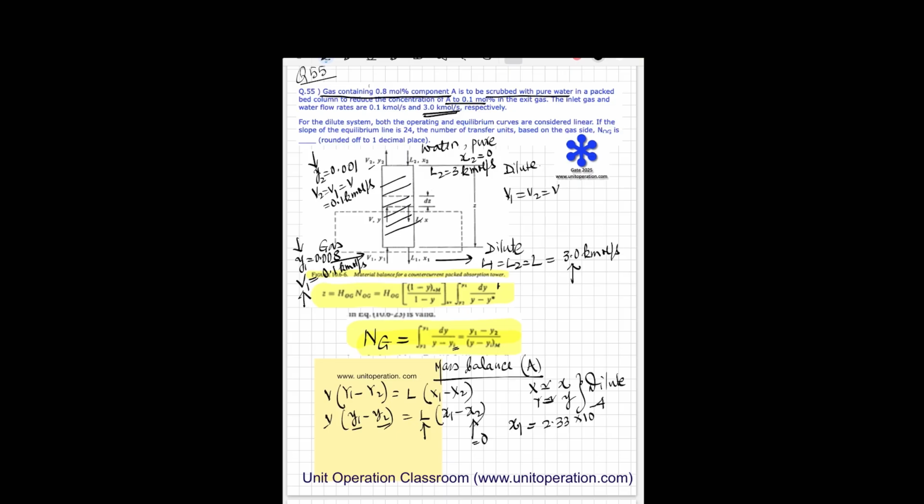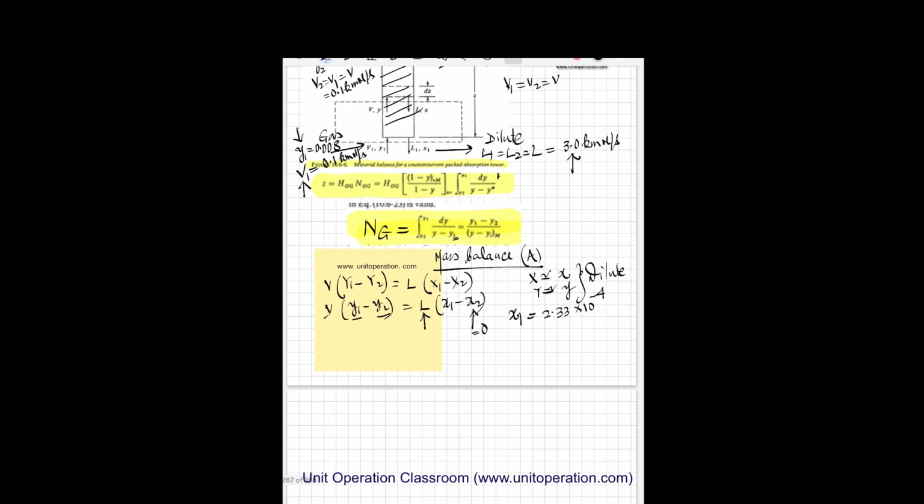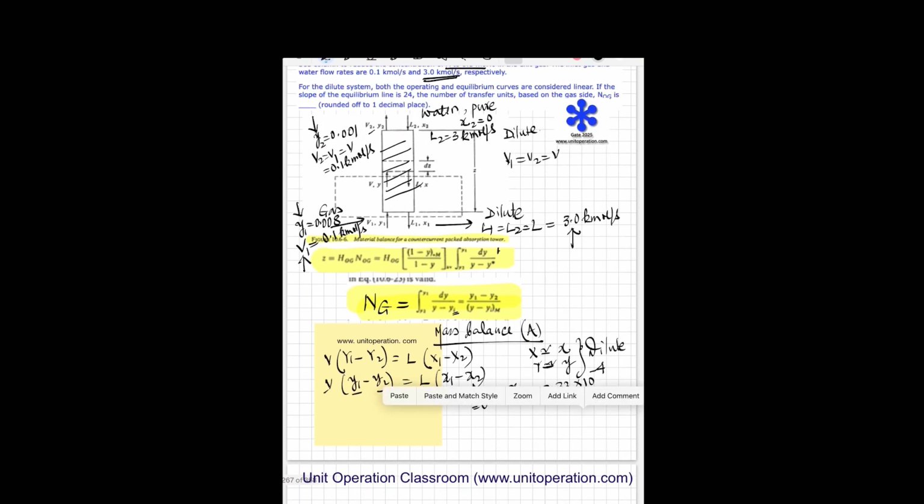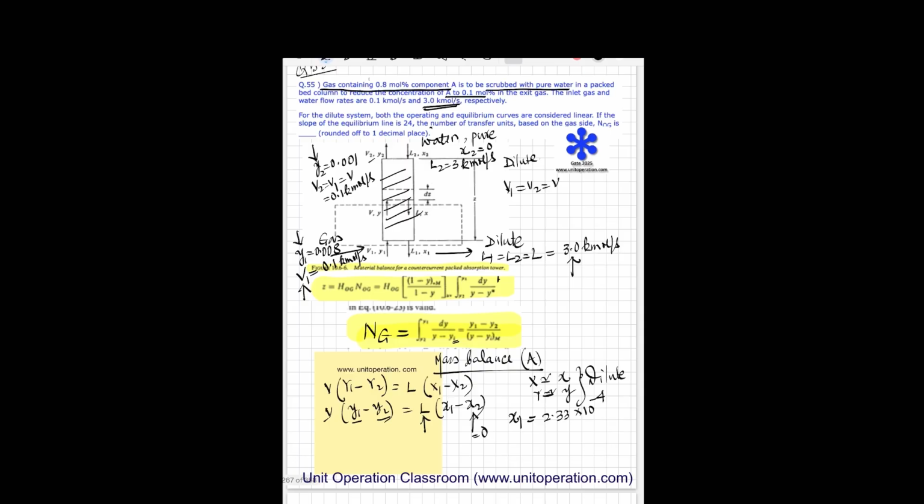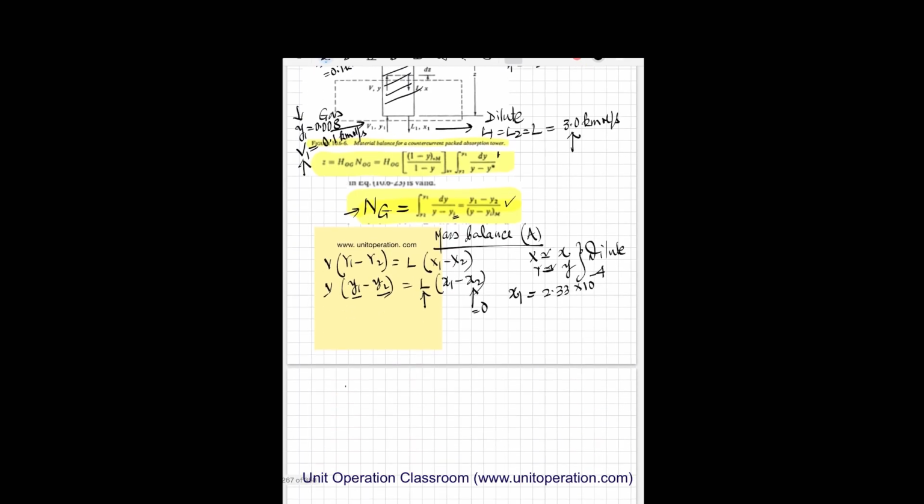Now we have to find the number of transfer units. Here it is NG, when the number of transfer units is based on individual mass transfer coefficient. If based on overall mass transfer coefficient, it should be NOG, and it is modified as the integral from Y2 to Y1 of dY over Y minus Y star instead of Yi, and that comes to be equal to Y1 minus Y2 divided by (Y minus Y star) log mean.